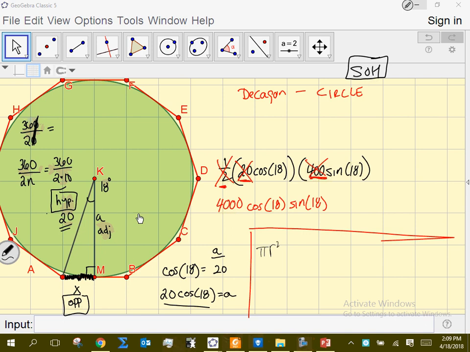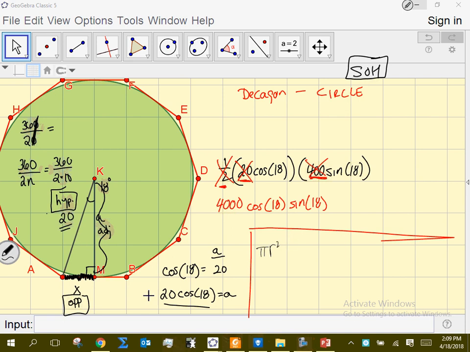Over here in your picture, what is it? It'd be cosine 18 times pi. Would you guys agree with that distance right there? It'd be pi cosine of 18 squared.